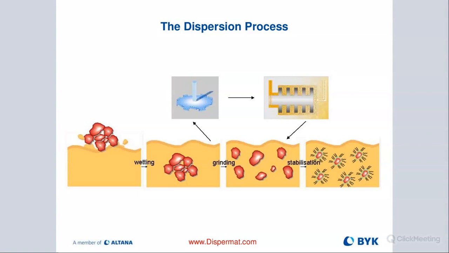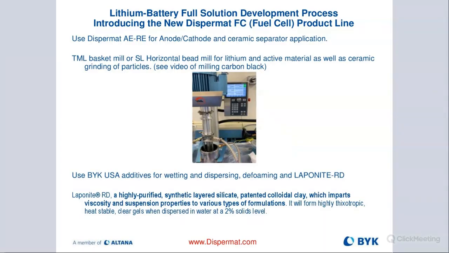For that, we can look at the basket mill, as I showed you earlier in the slide, or a horizontal bead mill, or vertical bead mills, which we'll also cover a little bit later. And then again, we need to stabilize these particles once they've been separated, with the different types of additives that are available on the market today.